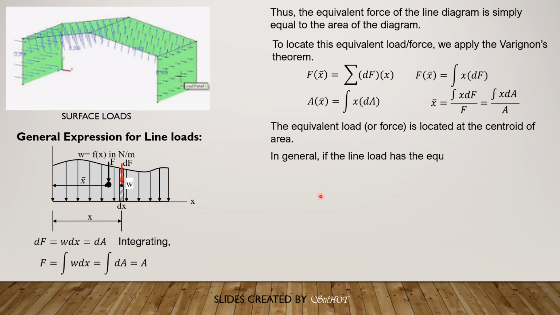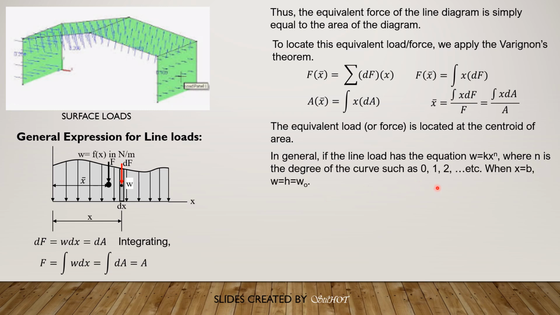So in general, if the line load has the equation w equals k x to the n, where n is the degree of the curve such as 0, 1, 2, etc., when x is equal to b, with w equals h or w0, then this is the curve, this is the expression. Then we simply obtain the area of this curve in general.